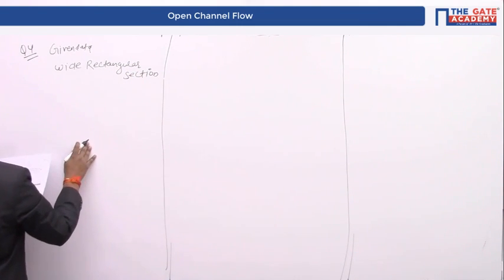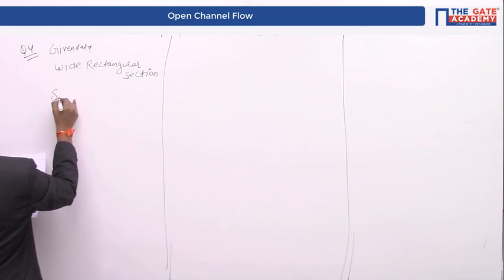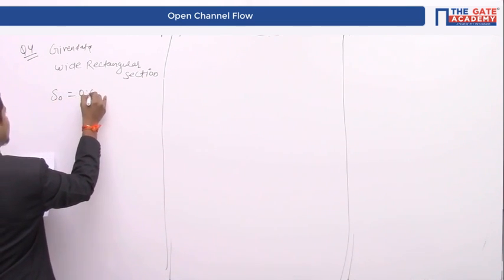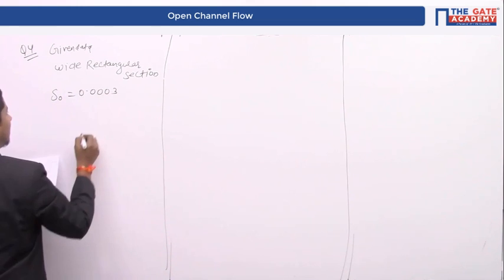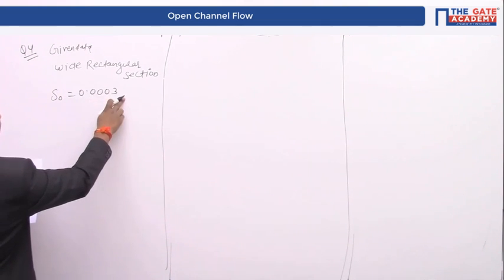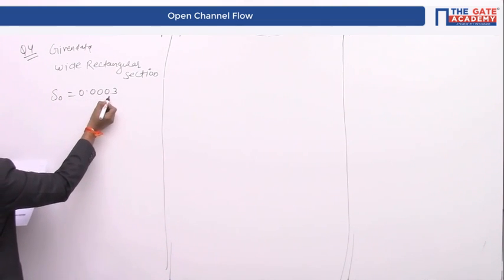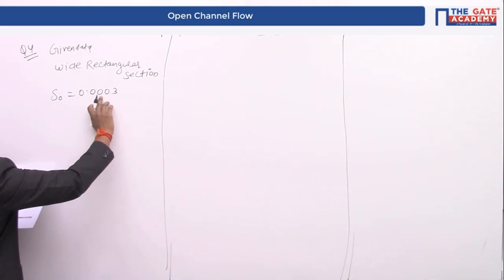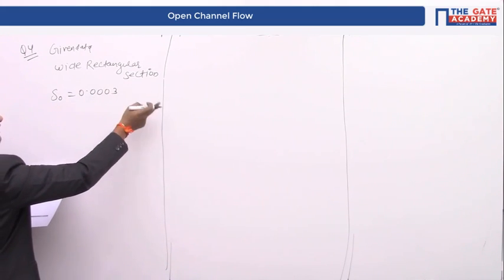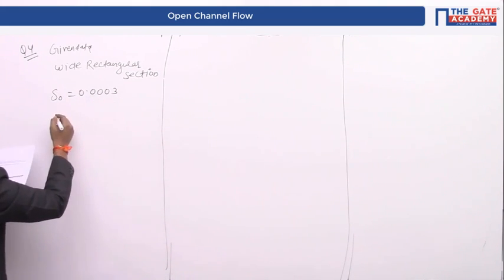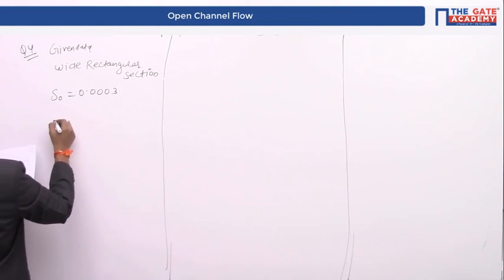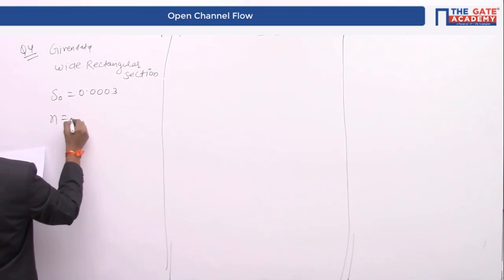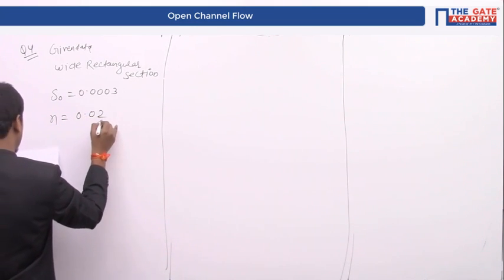Longitudinal slope is given, that is S0 is 0.0003. So please don't make a mistake in writing 20 or 30. It is 3 after the point, and after that 3 is there. Manning's roughness coefficient, that is n, is 0.02.